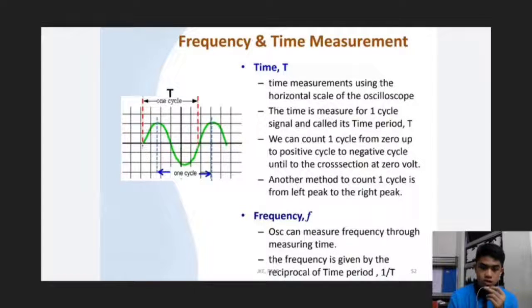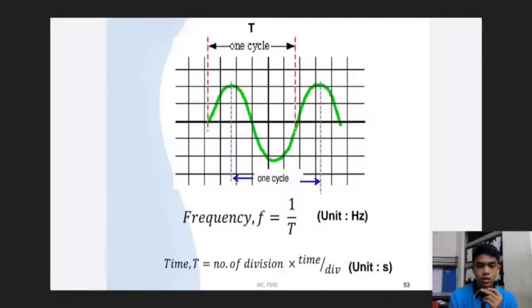The frequency is given by the reciprocal of the time period, which is 1 divided by T. This is how you measure time and frequency. Frequency is equal to 1 divided by T, and time is equal to the number of divisions times time per division.